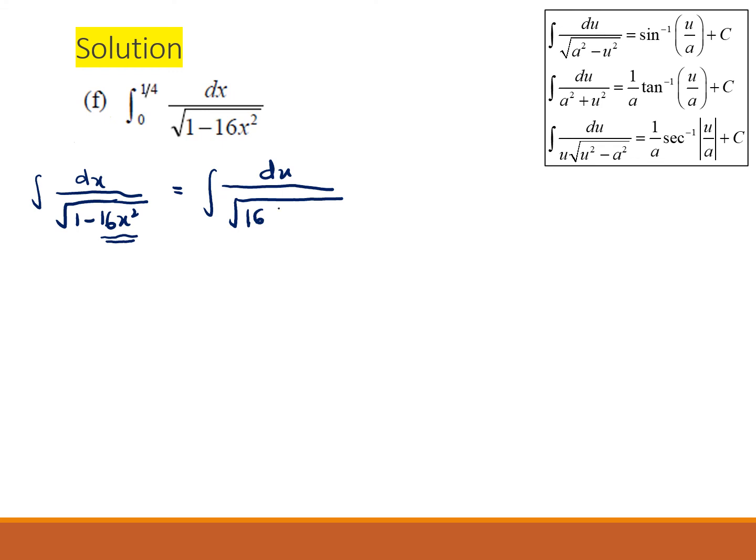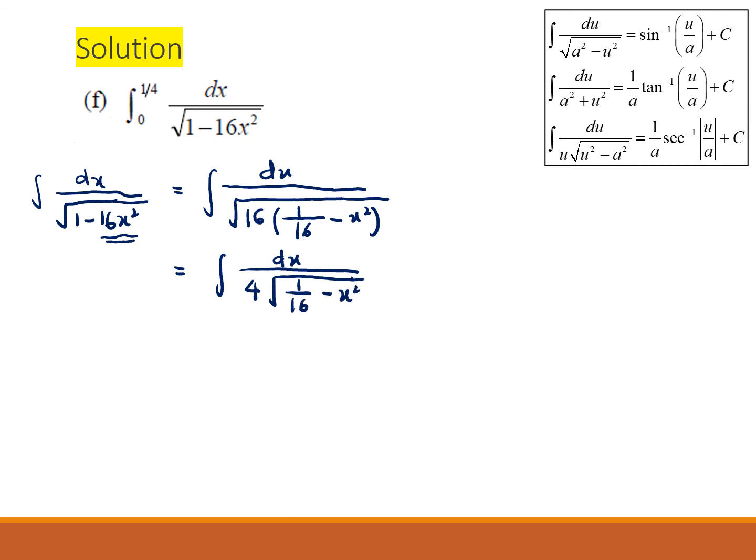Okay, and then in order to get back 1, we have to divide by 16, minus x squared. Then we have the square root of 16, which will be 4, times the square root of 1 over 16 minus x squared.